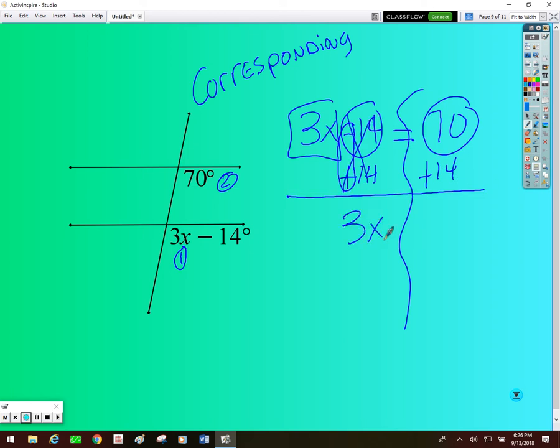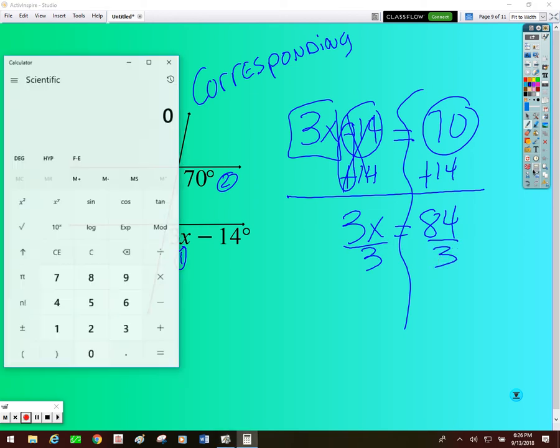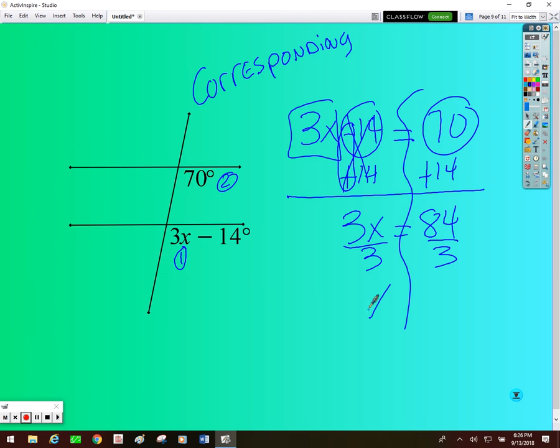So I have 3x is equal to 84. All right, well, 3 times some number. Well, to undo that, we're going to divide. So I have 84 divided by 3 gives me 28. So x is 28. That's the value of x.